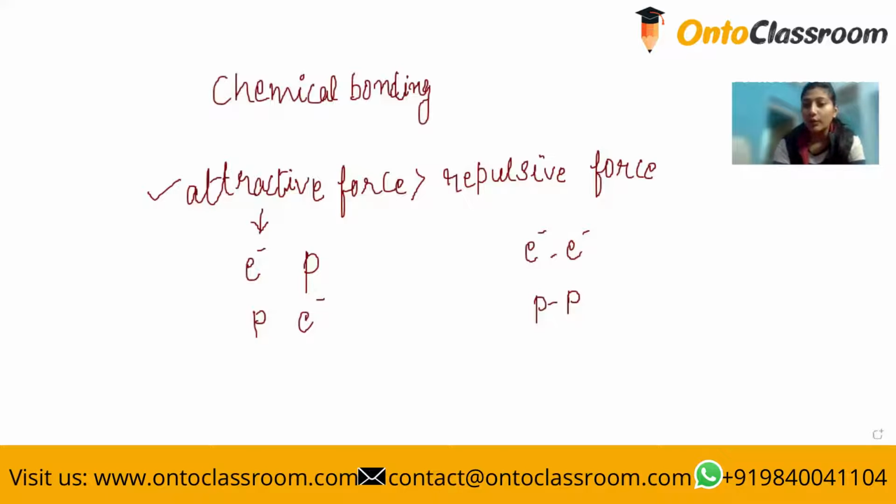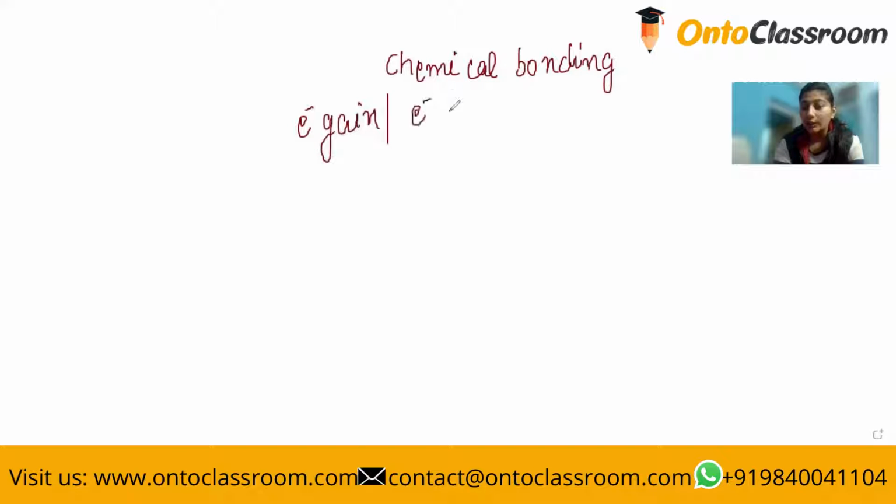Now we are going to discuss how they can form their bonds. A chemical bond can be formed in three ways: either they can gain electrons, they can lose electrons, or they can share electrons.